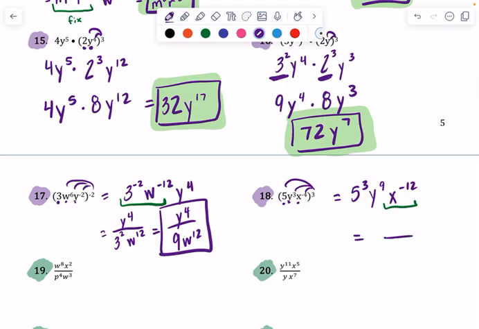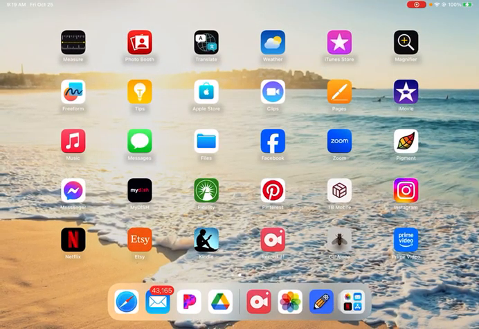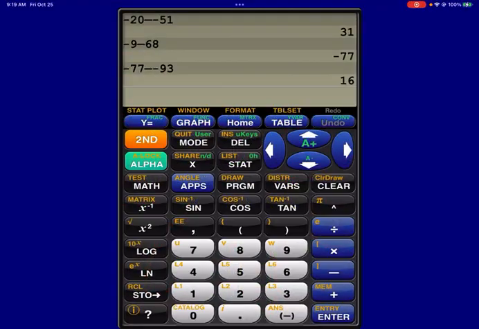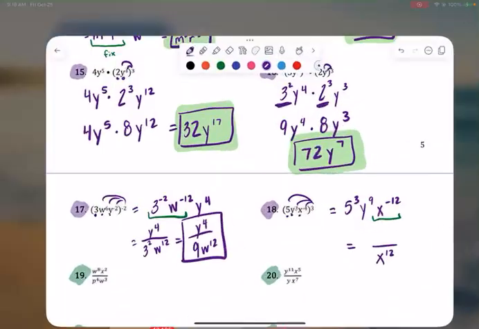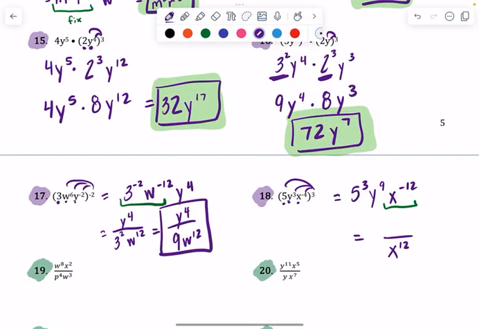So that will now be in your denominator. And then just get what 5 to the 3rd is. And all we're doing for that, guys, is just typing 5 to the 3rd in your calculator. Or 5 times 5, whatever works for you. 125. So 5 to the 3rd, y to the 9th.